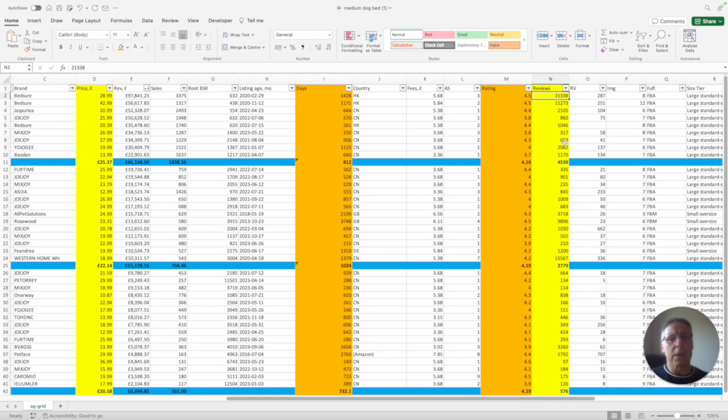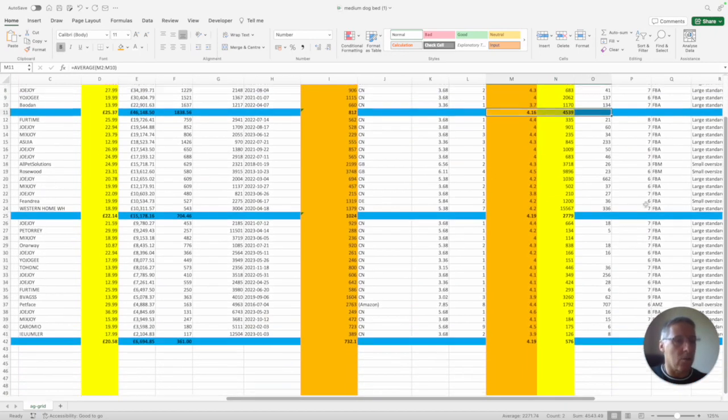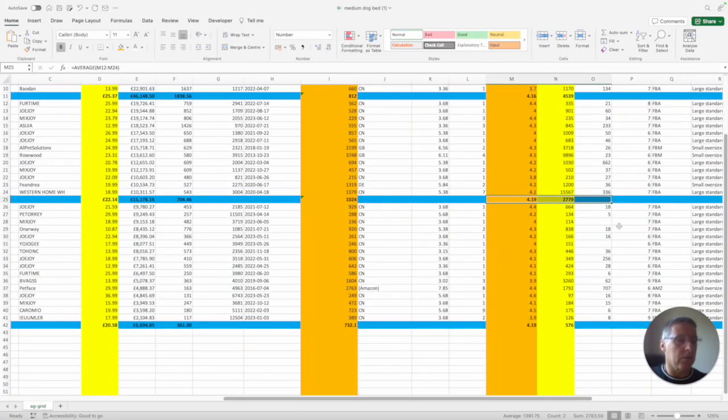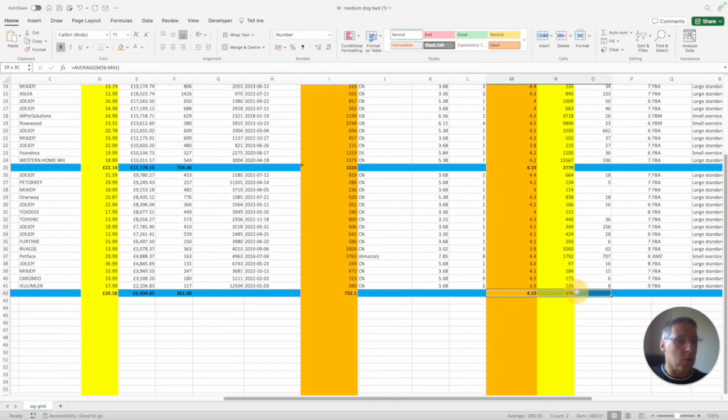But what we can see is that the number of reviews is a factor that affects sales. We can see here large numbers of reviews, big variations, but as a general rule, you need lots of reviews to sell well, a medium number of reviews to sell medium, and a smaller number of reviews to sell less.